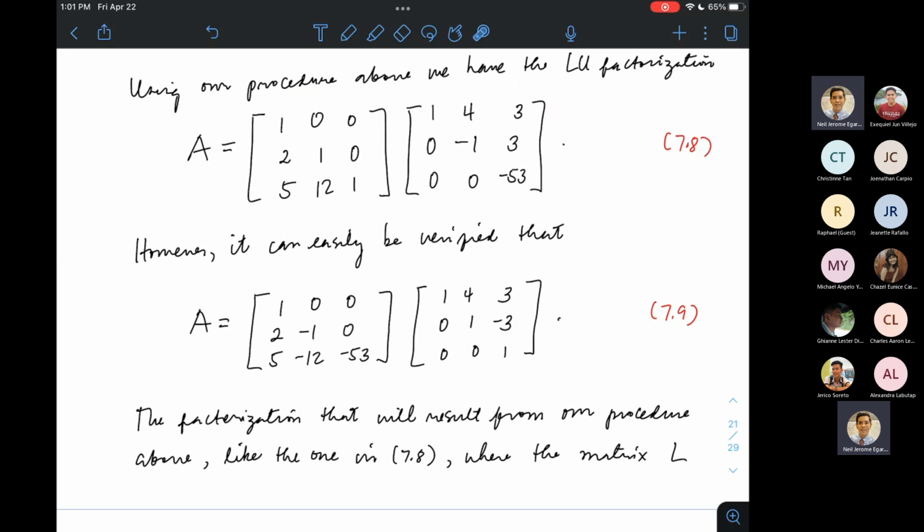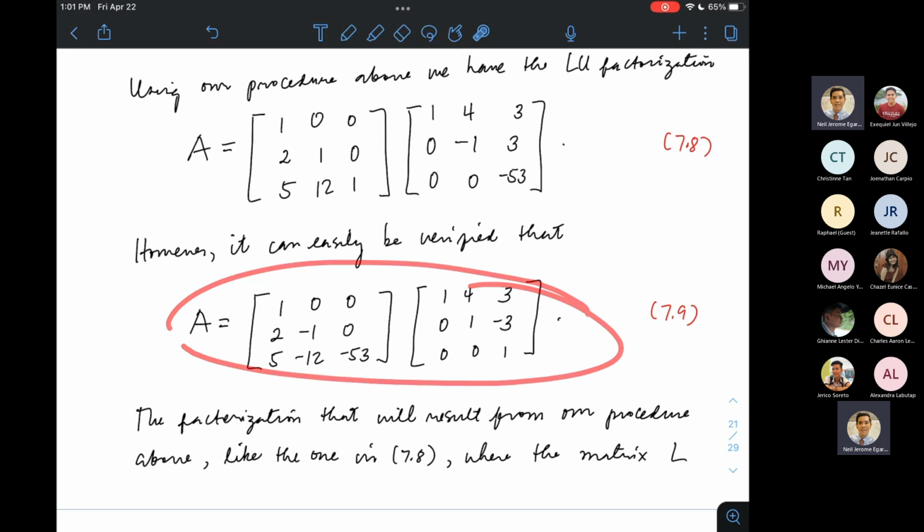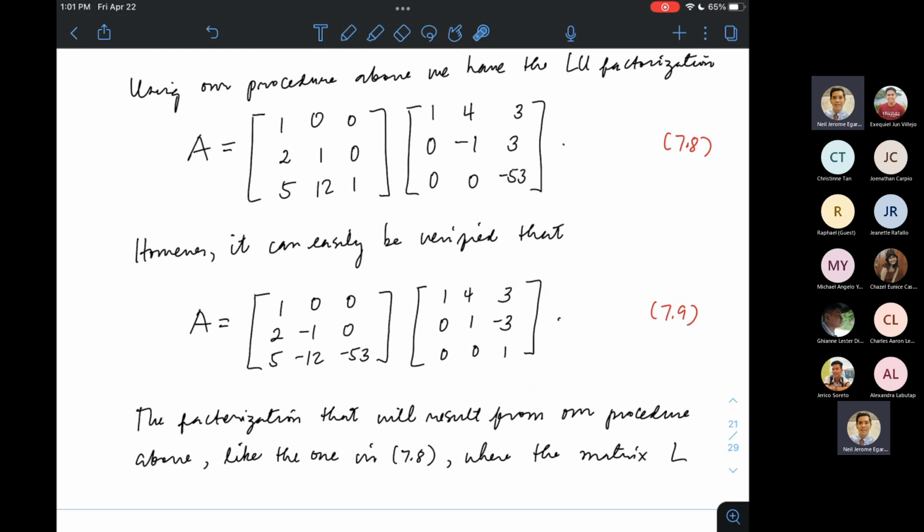Pero may iba pang algorithms para sa LU factorization. And one of those algorithms will give you this LU factorization. You can verify that both of the products are equal to A. However, obviously, this L is different from this L. So meron dalawang magkaibang LU factorization para sa isang matrix.